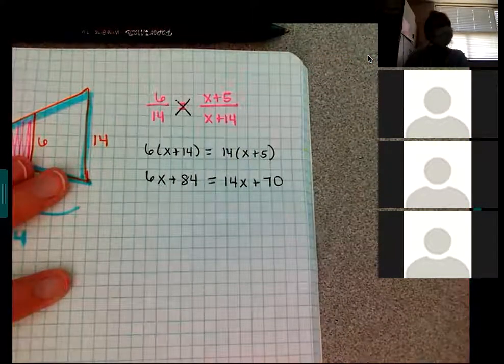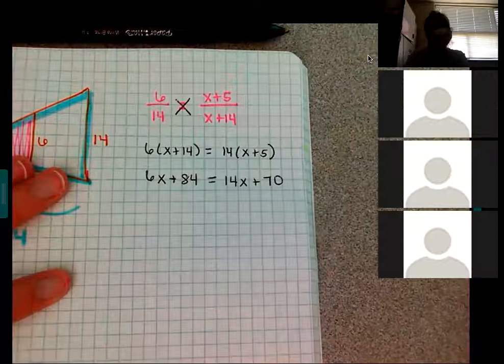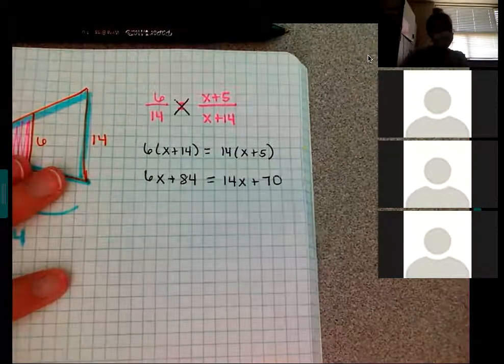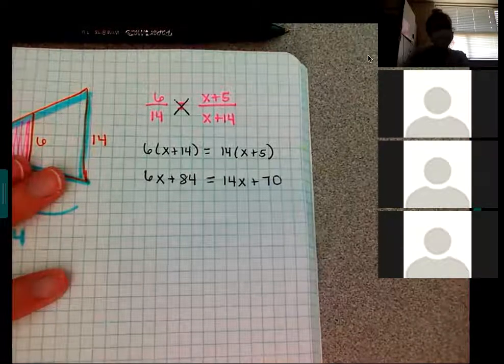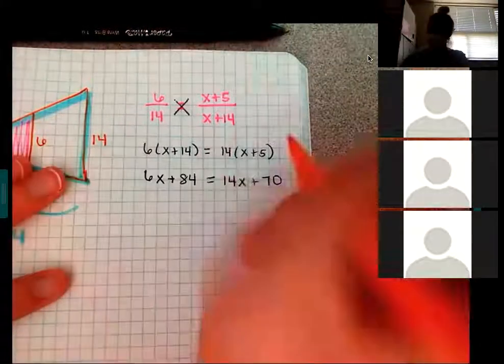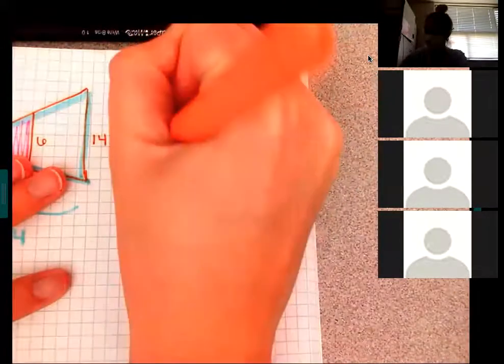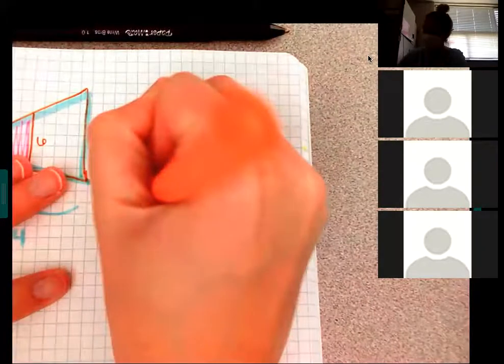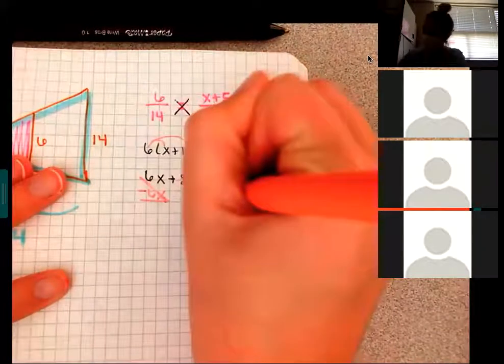So remember, solving when you've got x's on 2 different sides, it's easier to move the smaller amount. Jordan, you okay, Ben? Where'd you mess up? Did you not distribute? So I'm going to move the 6x's over because that's smaller than 14x.